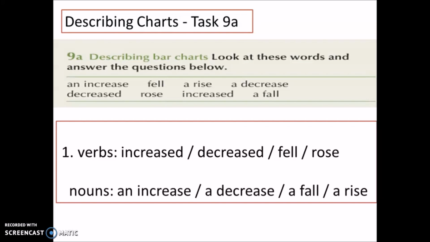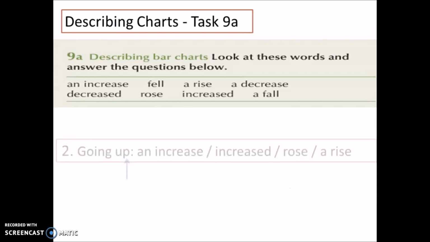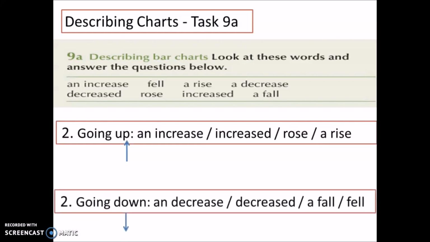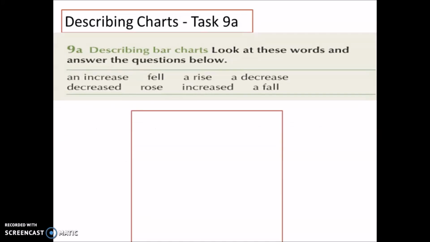If we look at which ones go up and down, these show us a trend that goes up. And these ones show us the trends that go down. And as a third question, we need some synonyms.